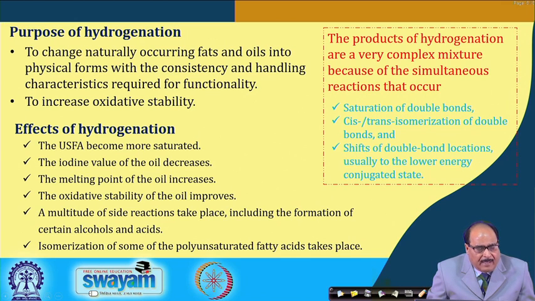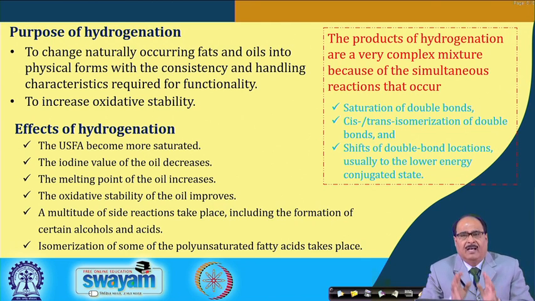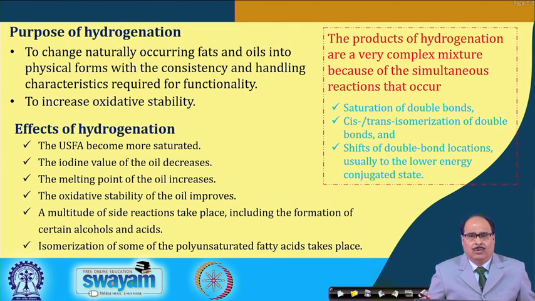As I already told you, the purpose of hydrogenation is to change naturally occurring fats and oils into physical forms with the consistency and handling characteristics required for the desired functionality. Another important function is to improve oxidative stability, because unsaturated fats and oils generally are more prone to oxidation.